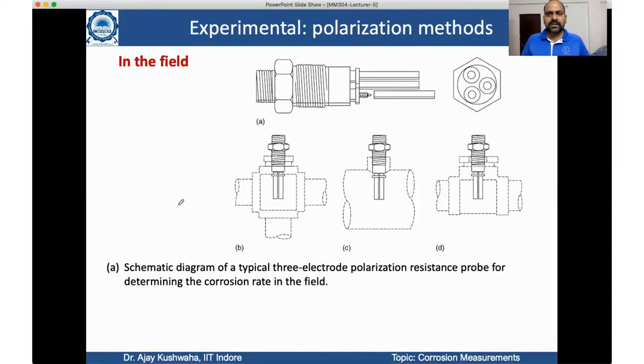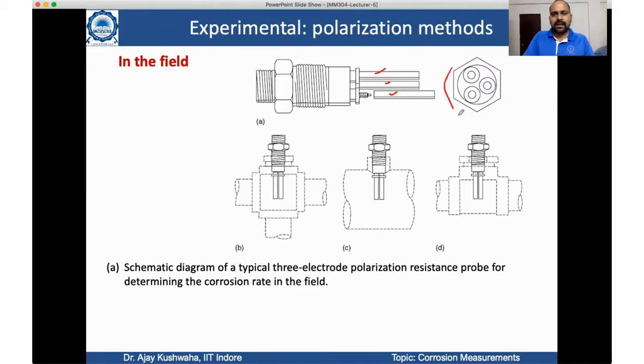I would not say it's an electrochemical cell, it's a probe with 3 electrodes, namely counter, reference and working, all made of the same material. You can see the cross section here: this is one electrode, the second one, and then the third one.